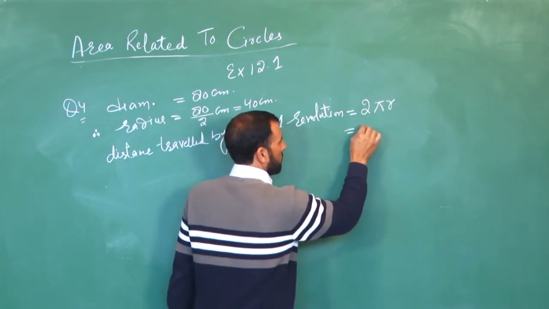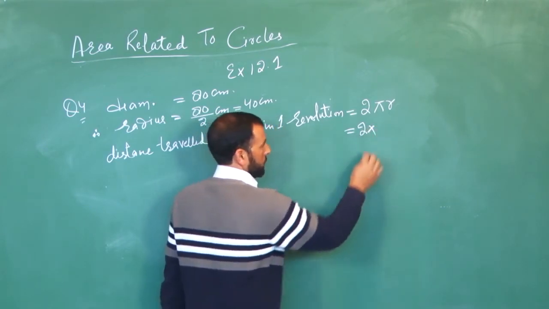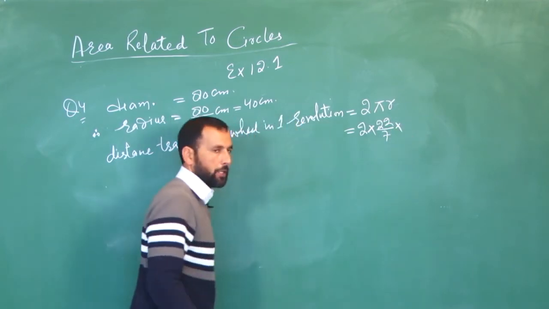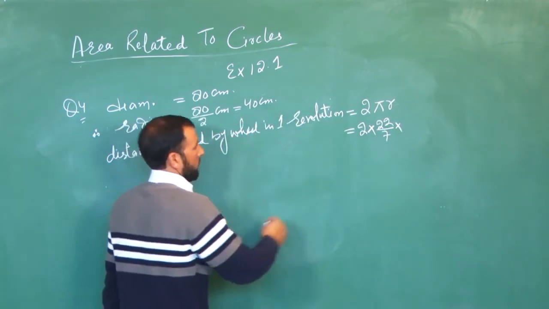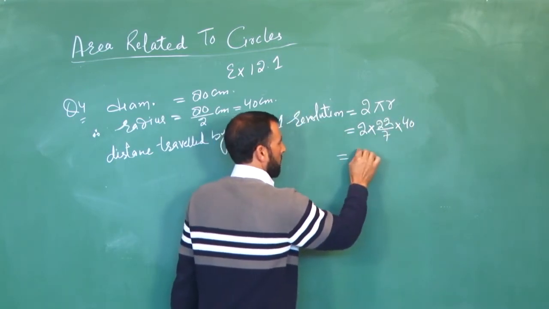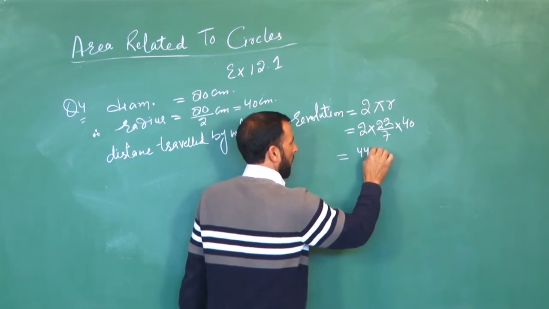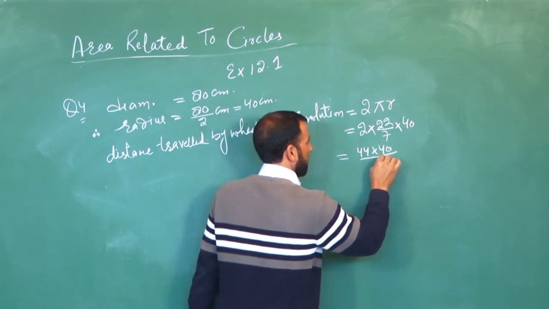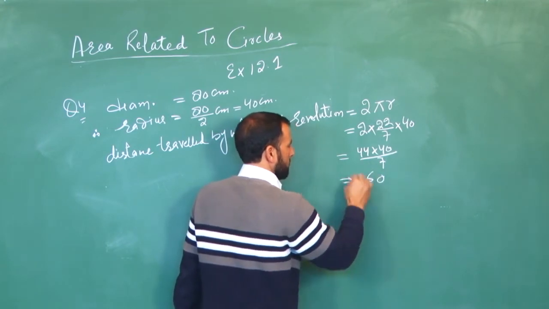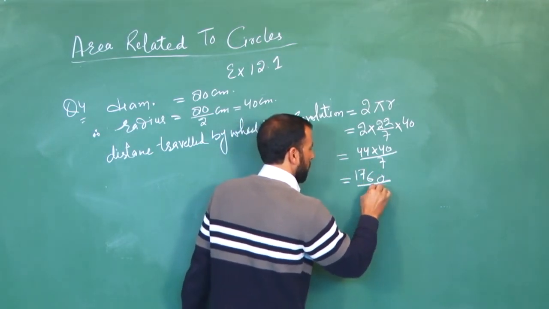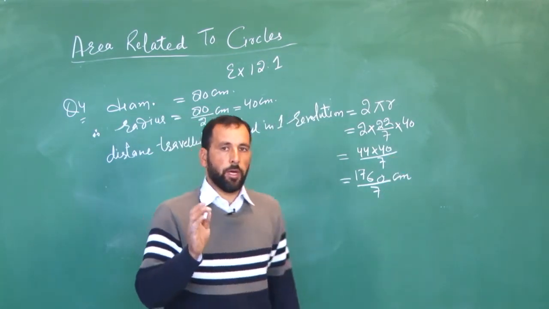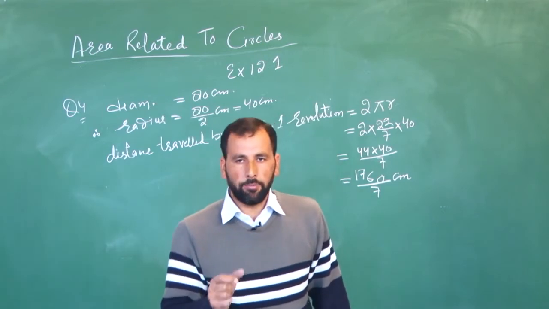That implies 2 into 22 by 7 into r. R means radius. What is radius here? Radius is 40, so we multiply it, we get 44 into 40 divided by 7. When you calculate, you get 1760 upon 7 centimeter, the distance traveled by the wheel in one revolution.